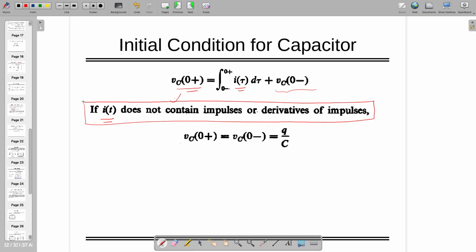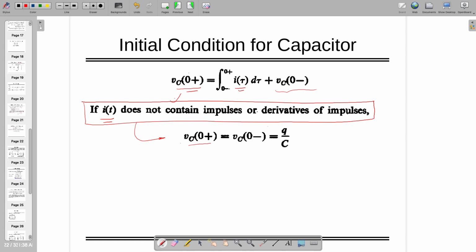So we can perform a continuous integral from 0 minus to 0 plus. We do not have to break it. But what is the advantage of writing this line? Because with this line this is going to happen. This is the test to find out vc 0 plus and vc 0 minus.